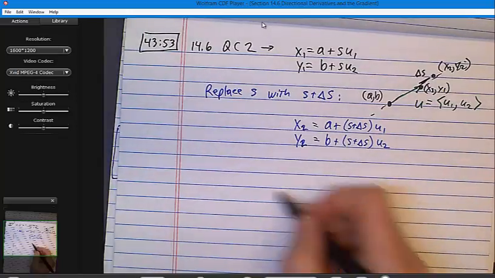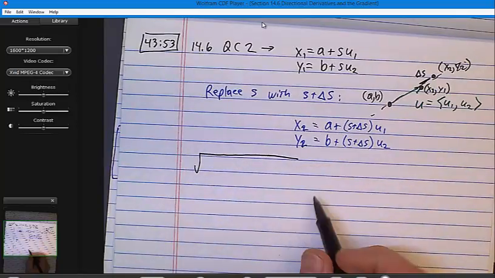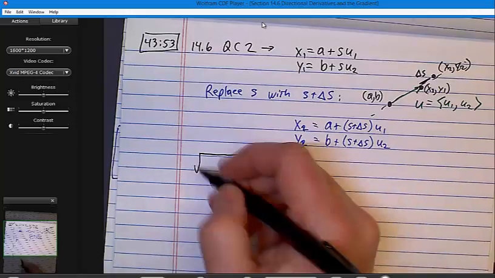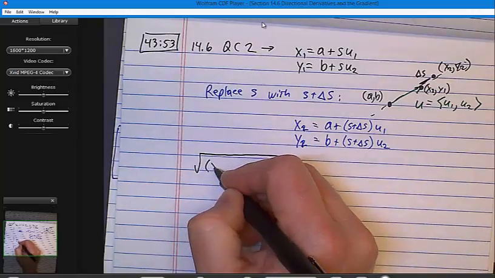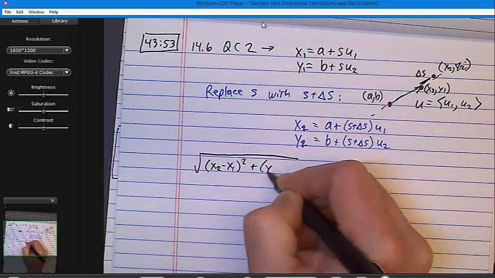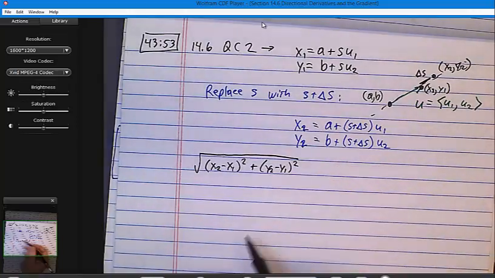So let's see, the distance formula, and I conveniently labeled them X2 and Y2, so we could use the distance formula, right? It's the square root of X2 minus X1 squared plus Y2 minus Y1 squared, right? So that's the distance formula.